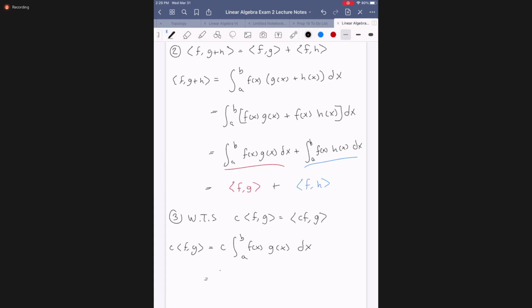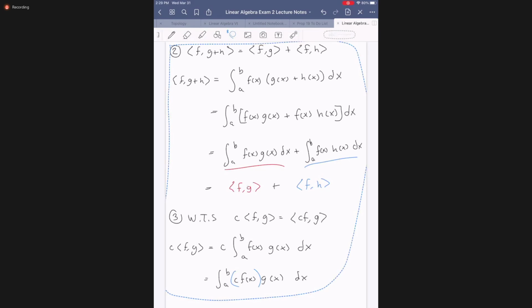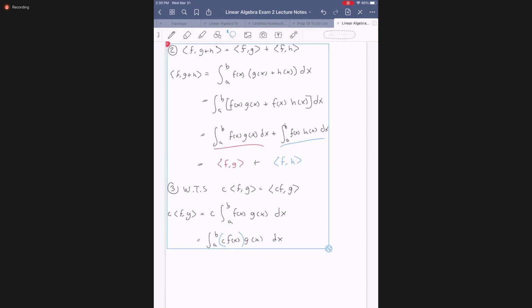So this is just going to be the integral from a to b of c f of x g of x dx, and then just associate this. And then you have what you're looking for. So this is equal, oops. So inner products, oops, there it is.